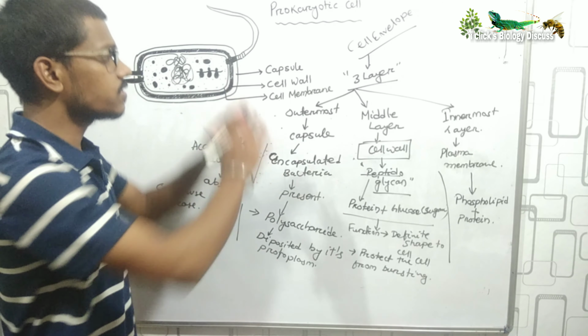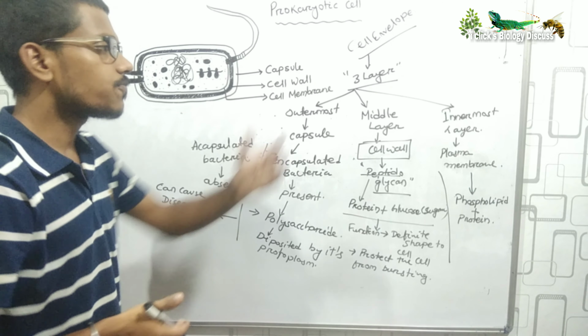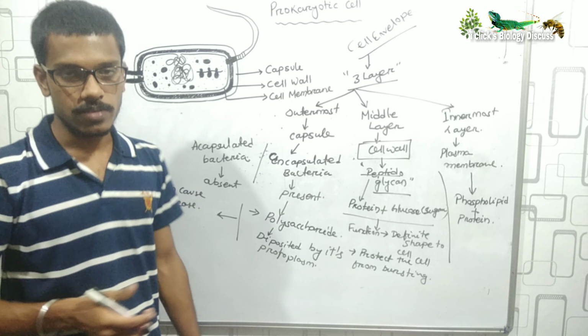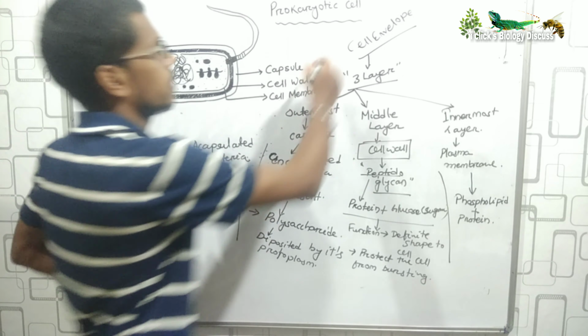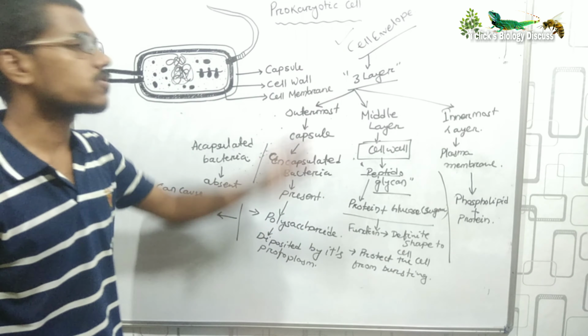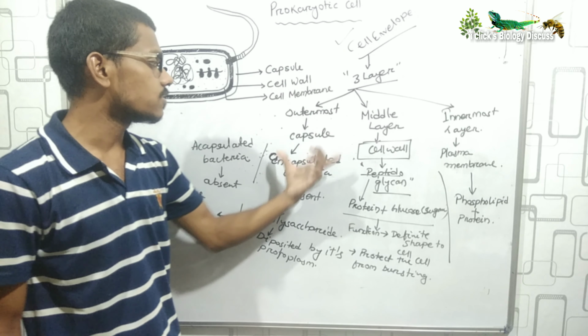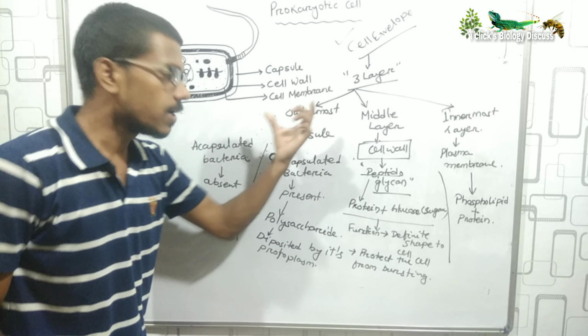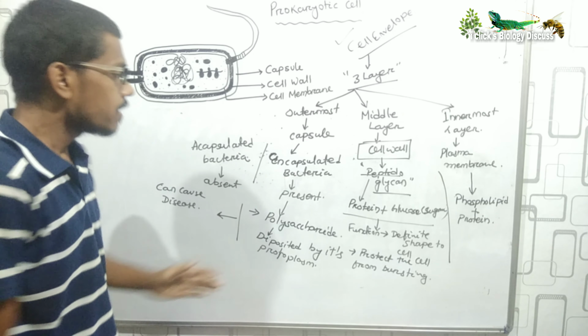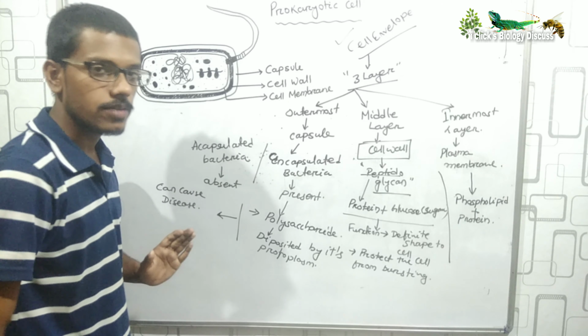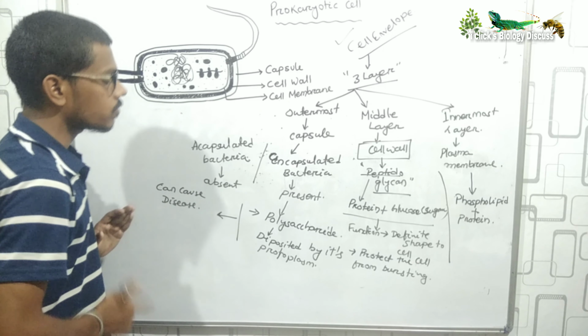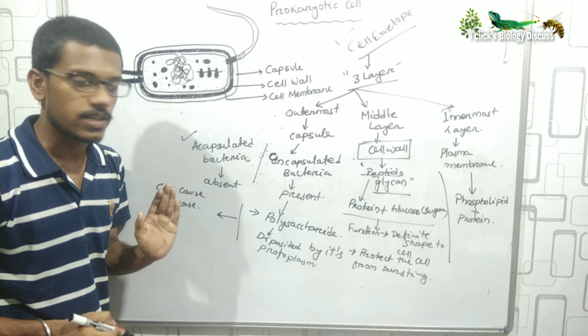So this is the cell envelope found in the prokaryotic cell. Let me recall this. The cell envelope in a prokaryotic cell is made up of three layers. The outermost layer is the capsule. If a capsule is present, that bacterium is called an encapsulated bacterium. The bacteria without a capsule are called acapsulated bacteria.